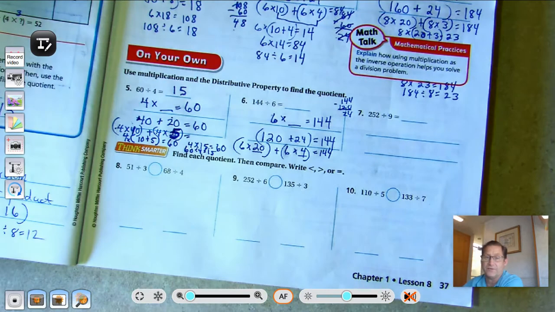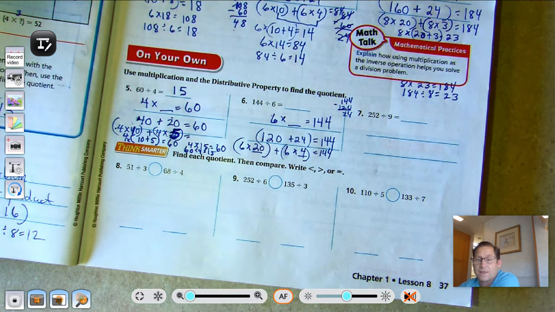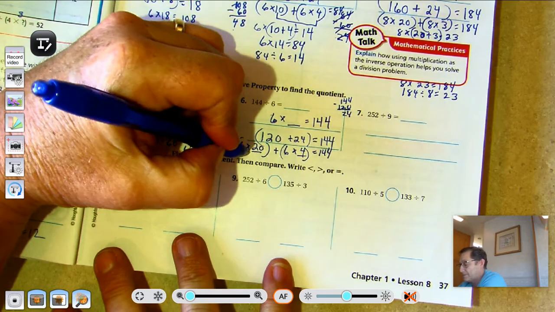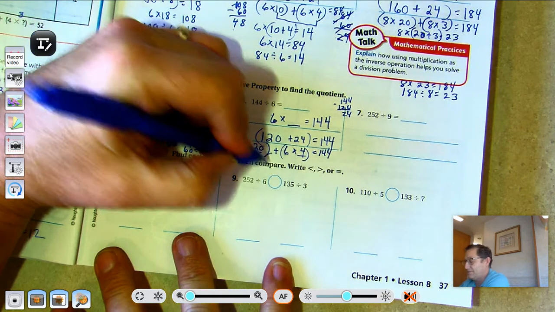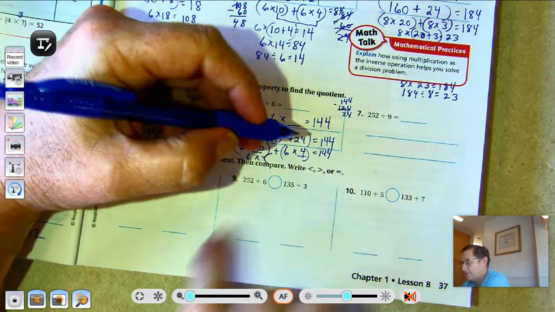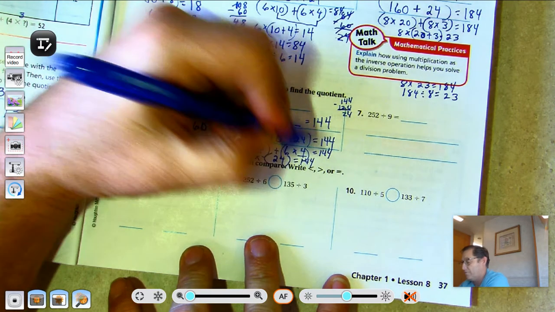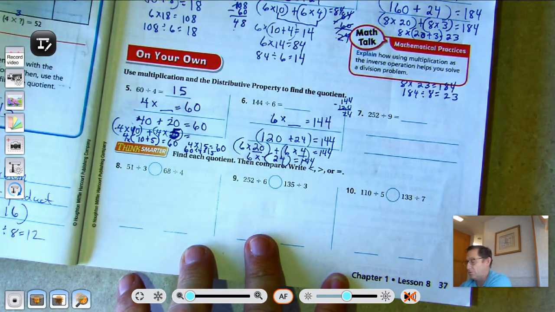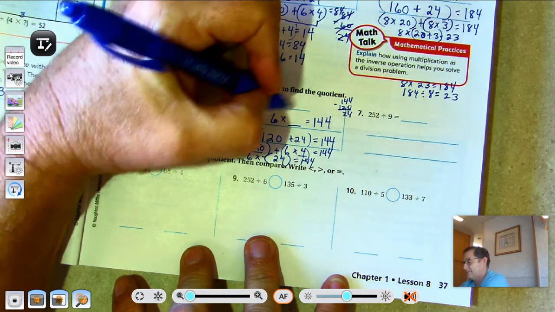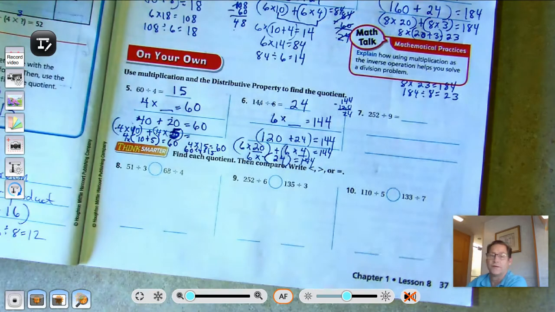And if I add those together, it's going to give me 144. So 6 times the sum of 20 plus 4. 6 times 24 is 144. So 144 divided by 6 is 24.